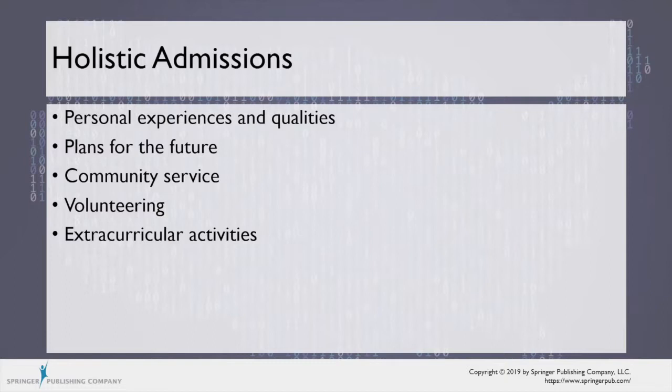It looks at their contribution overall to the incoming class and their potential for success, not only in school, but also as a professional. And so holistic admissions practices are usually linked to the institution's mission and values, and holistic practices look at the school's educational outcomes and also workforce outcomes.